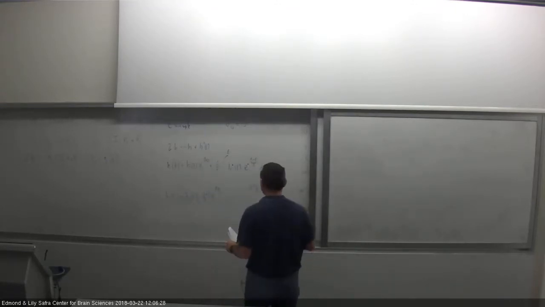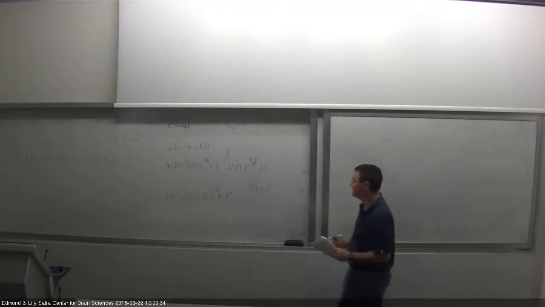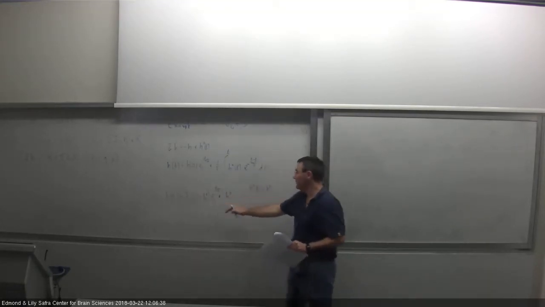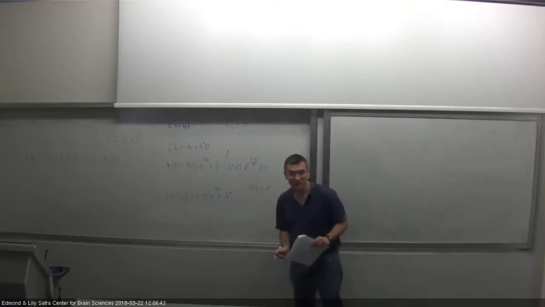This is the decay term plus h0. So basically the dynamics will converge to h0 with a time constant tau.